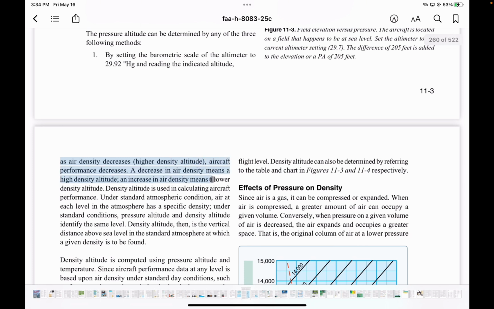A decrease in air density means a higher density altitude. Let me read that again.